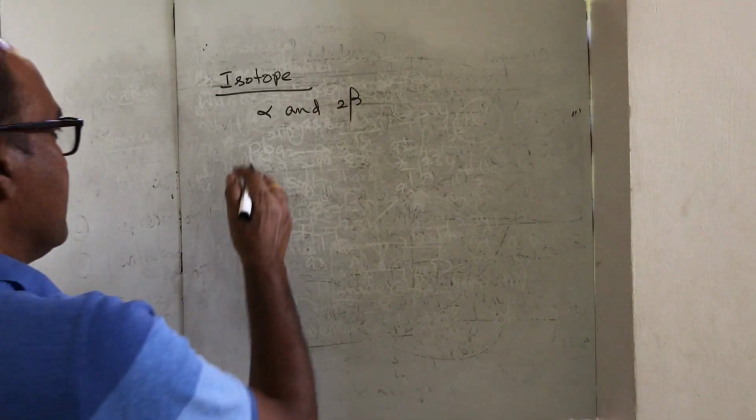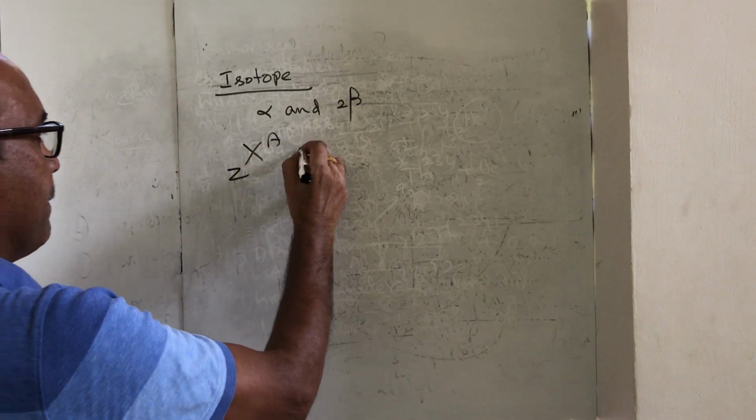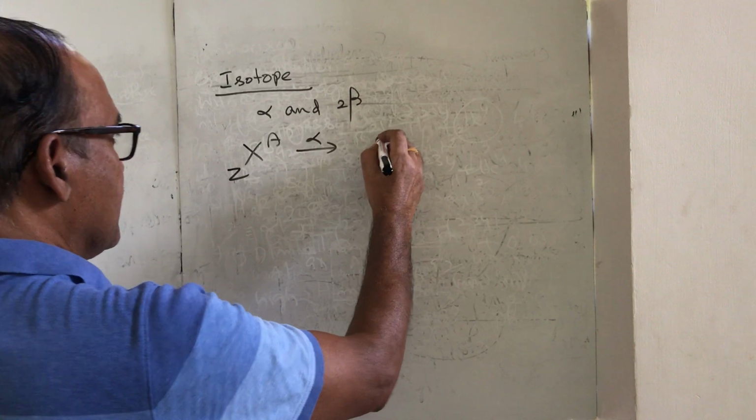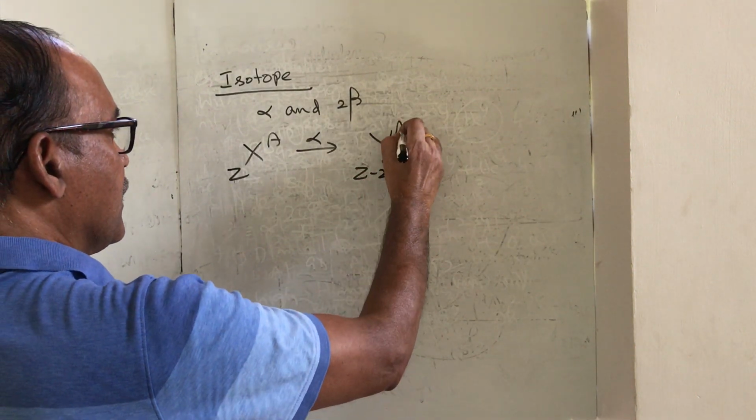Generally, we take X with Z, A. One alpha particle is emitted. This naturally gives Y with Z minus 2, A minus 4.